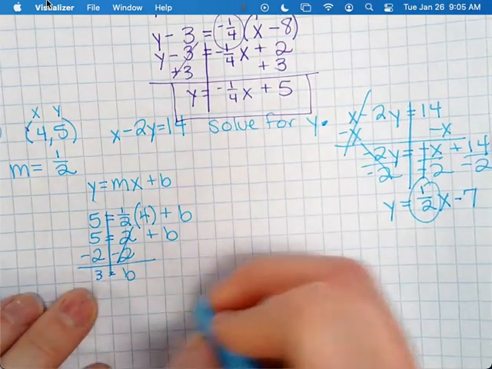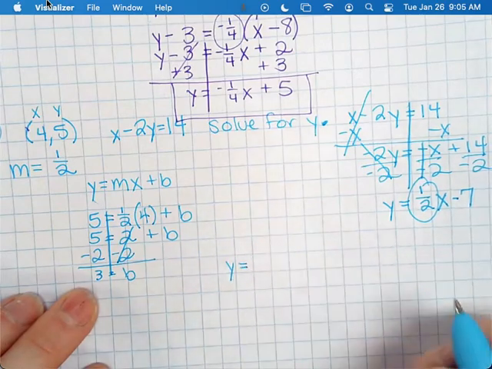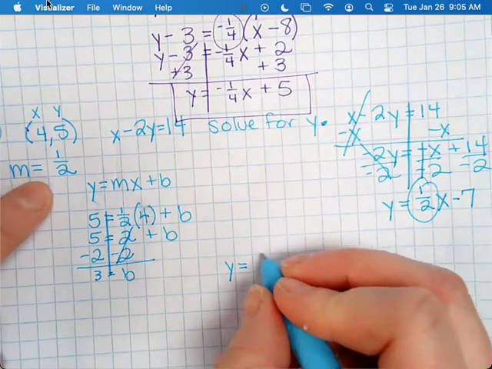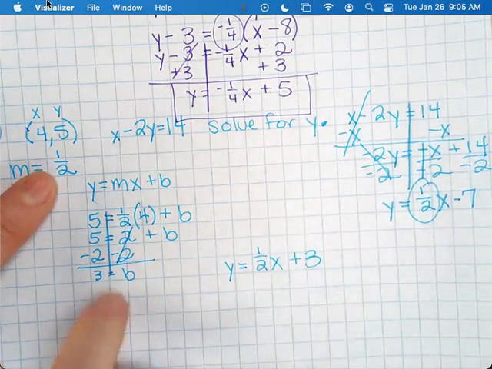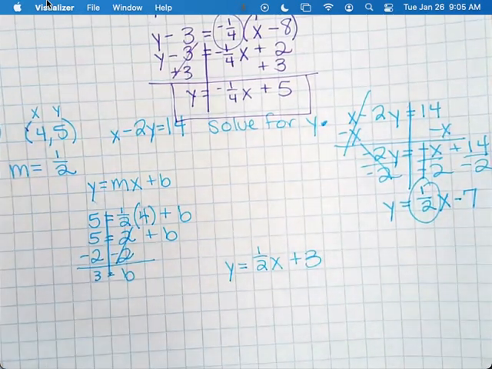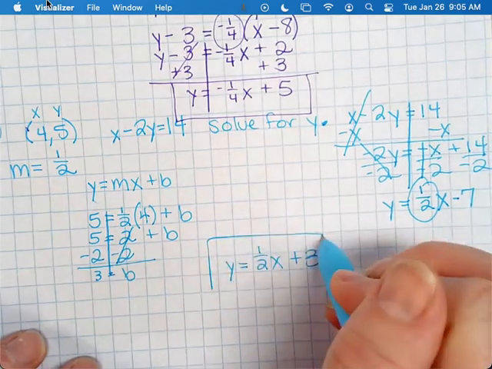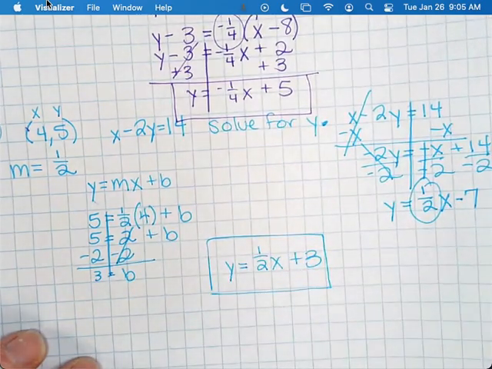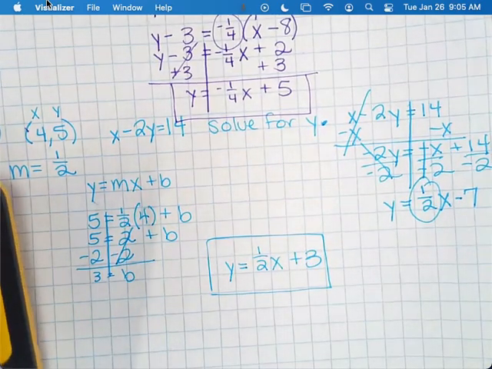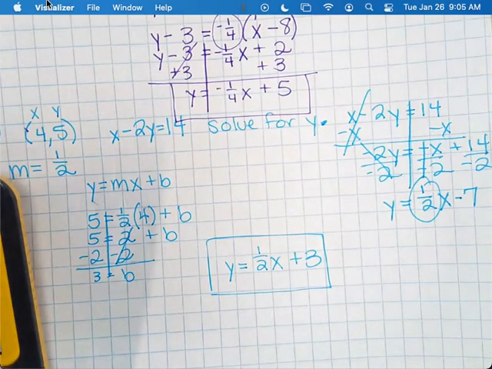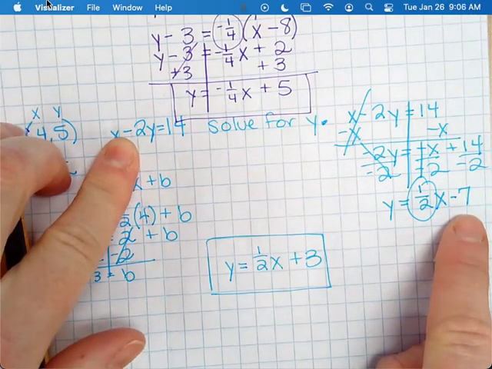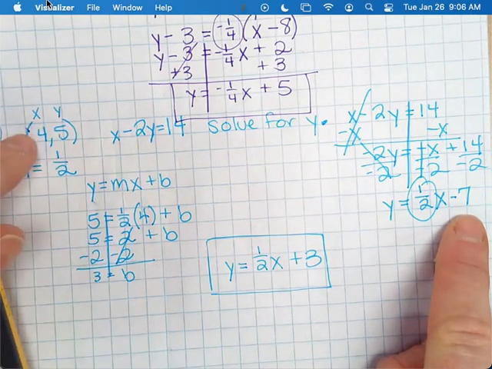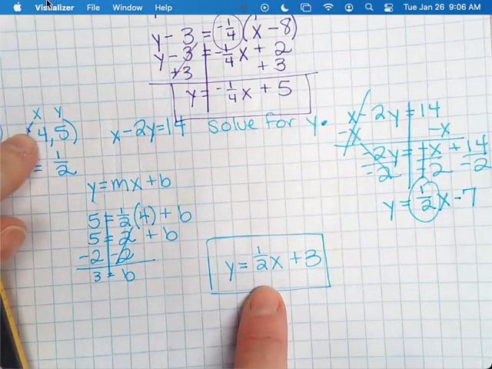So we would write this as y equals mx plus b. So it's half x plus 3. So when we do it this way, all we're finding is the b, and then we rewrite the equation. Wait, but isn't b 7? Negative 7 on our given equation. But a line that's parallel that goes through (4, 5) is this one.